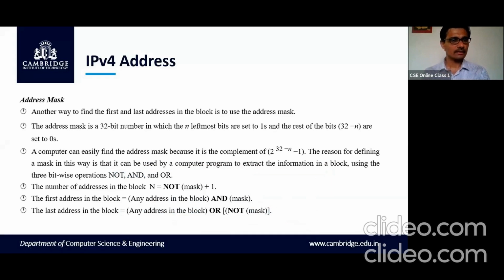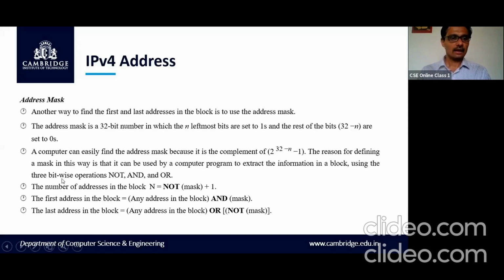This is another method, which protocols generally use in their software implementation. You have to find a mask, a 32-bit mask for the address. In that mask, the n leftmost bits, that is the prefix bits, are set to 1, and the suffix bits are set to zeros.